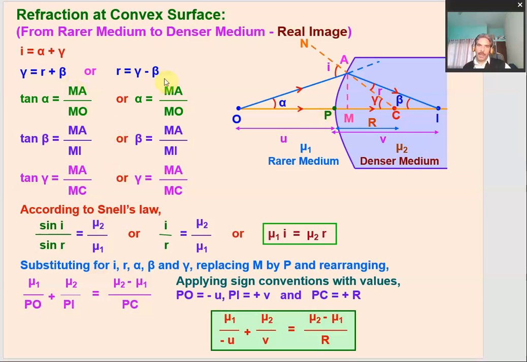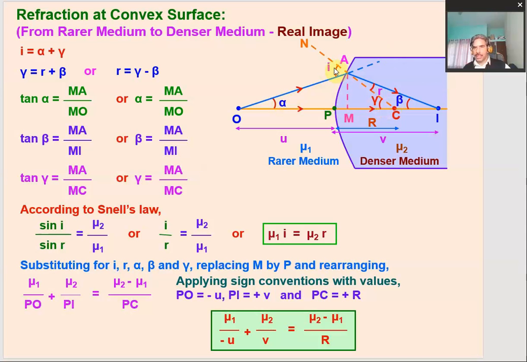So now we can proceed in order to derive the formula. For this, in the very first case, we will take this triangle OAC. In triangle OAC, we will make use of the exterior angle property, which simply says that the exterior angle of a triangle is always equal to the sum of the two opposite interior angles.